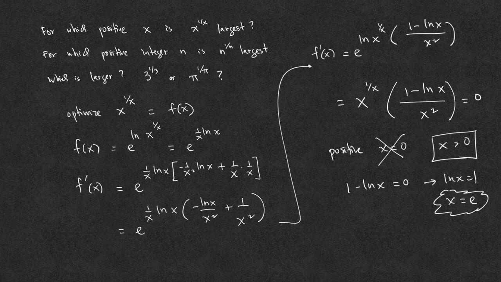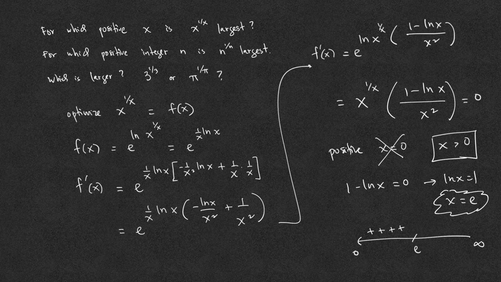We then check the sign chart of f prime on the interval 0 to infinity with the cut point e. We see that for any number between 0 and e, such as 1, ln of 1 is 0, 1 minus 0 is positive, and so f prime is positive for x between 0 and e.